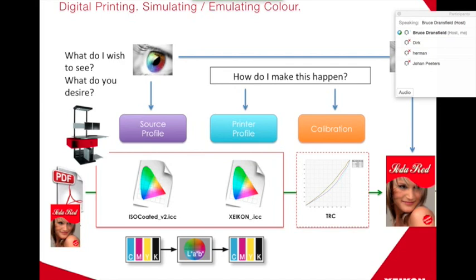And the important thing to remember here now is we have a goal and an aim, and that goal and aim is static, and we can forever keep updating our printer or updating our calibration to make sure that goal is maintained. So we're not lost in what we're hoping to reproduce.